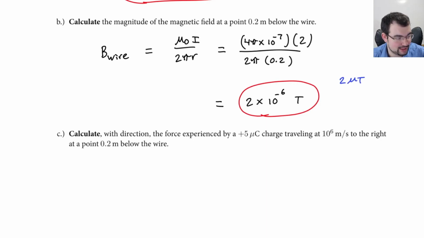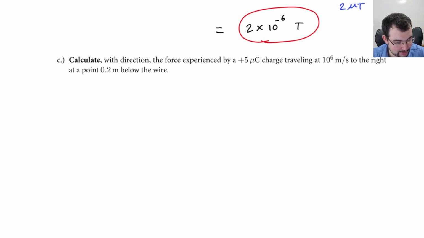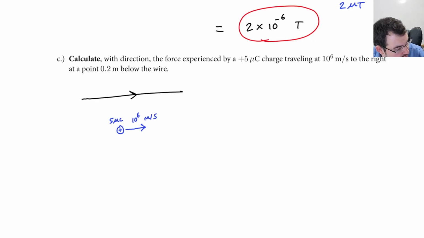Now we'll calculate with direction the force experienced by a 5 microcoulomb positive charge traveling at 10 to the 6th meters per second to the right at this point. Why that's helpful to us is because if we have a moving charge moving in a magnetic field, well, we actually know how to do this.